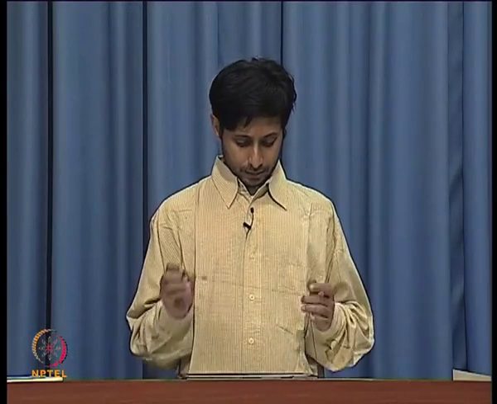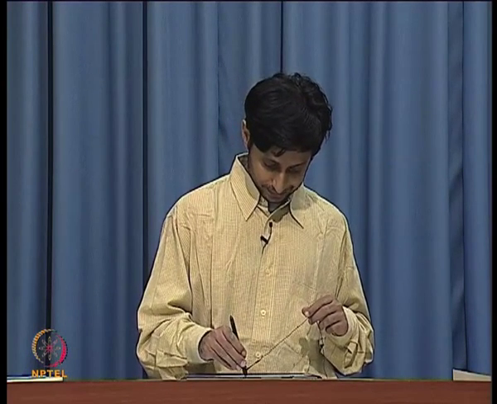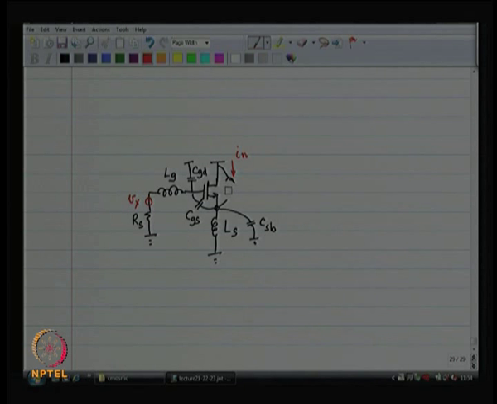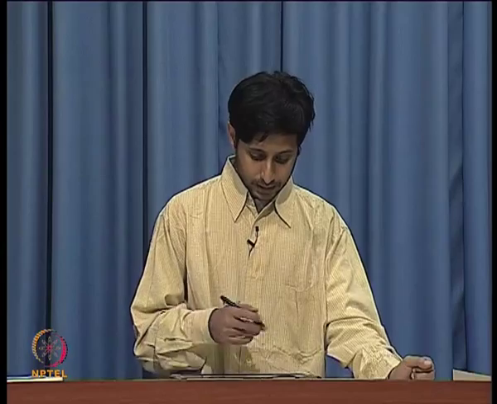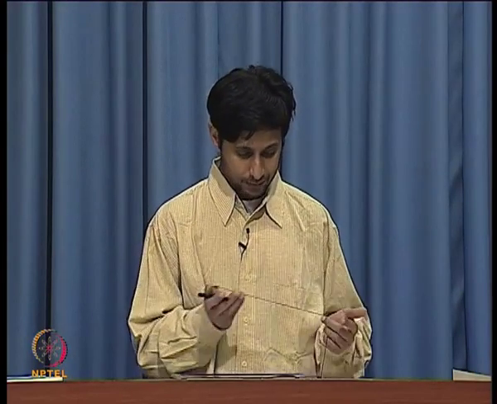To answer that, let us forget about this channel noise right now. Let us say the MOSFET is noiseless, I apply a voltage Vx. What should this voltage Vx be such that the current in the channel of the MOSFET is In? This is the basic question, right. And let us work it out.